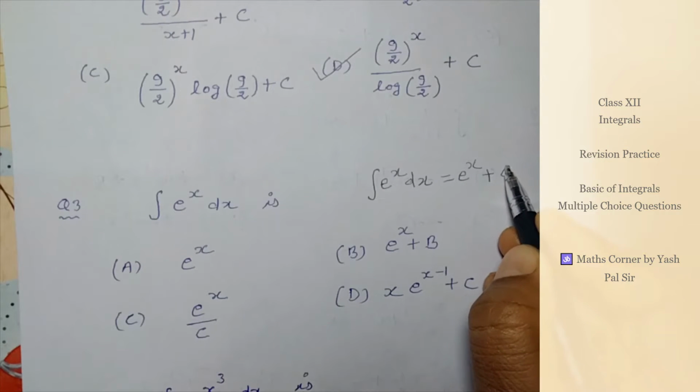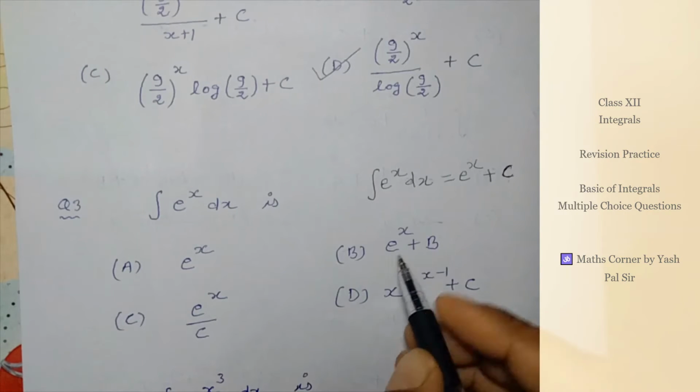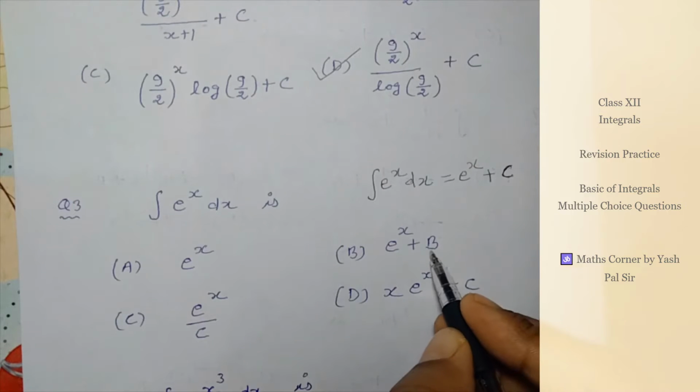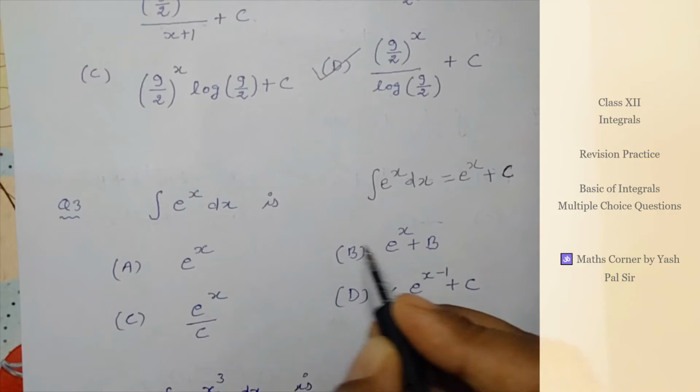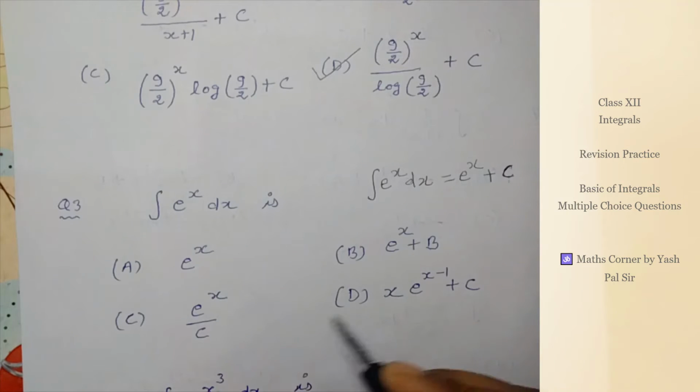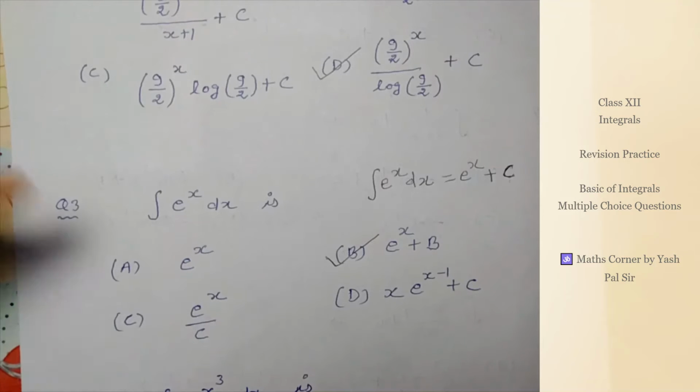So this is just the name. We can also name this c as b. So c is the constant, b is also constant, f is also constant, etc. So according to these options, option number B is the right choice.